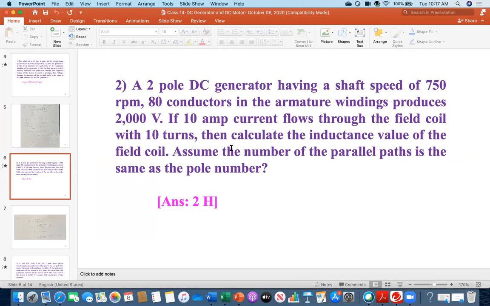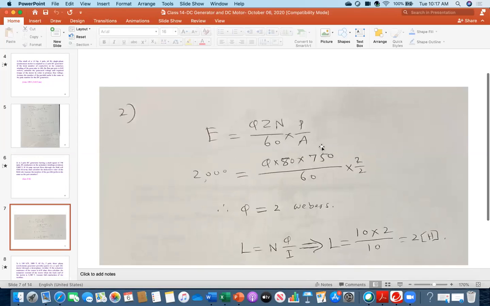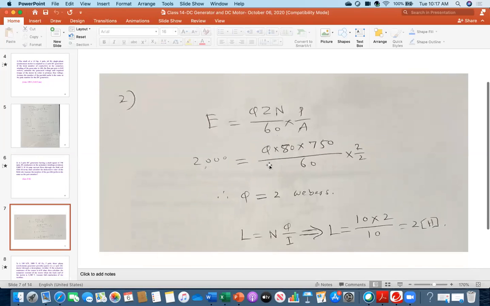And then this is the question: if 10 ampere current flows through the field coil with 10 turns, then calculate the inductance value of the field coil. And again, the number of parallel paths is the same as the pole number that is mentioned. So first I am writing down that equation and plugging in the given voltage and other parameters. From there, I am getting phi.